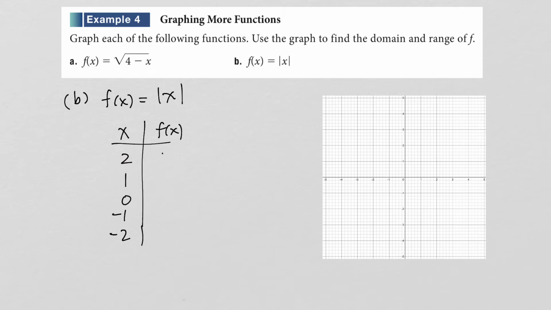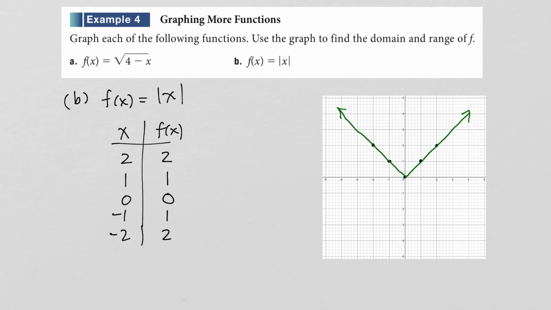So the absolute value of 2 is 2, absolute value of 1 is 1, absolute value of 0 is 0. Absolute value of negative 1 is positive 1, and the absolute value of negative 2 is 2. So if I sketch these points, we have the points (2, 2), (1, 1), (0, 0), (negative 1, positive 1), and (negative 2, positive 2). And if I connect them, you can see that we have this graph.